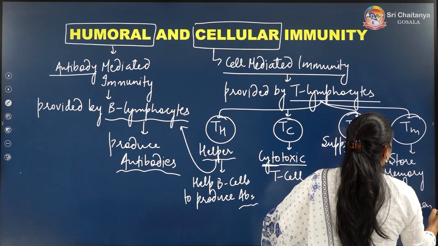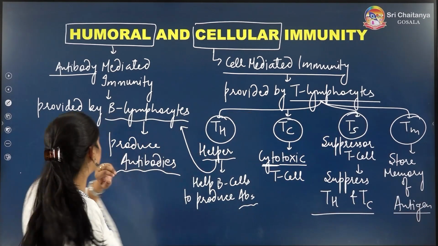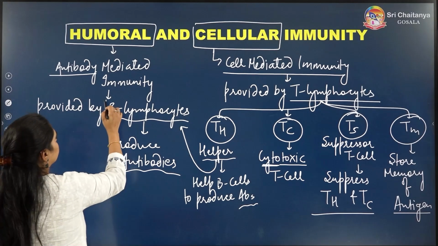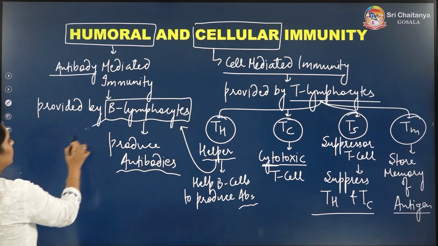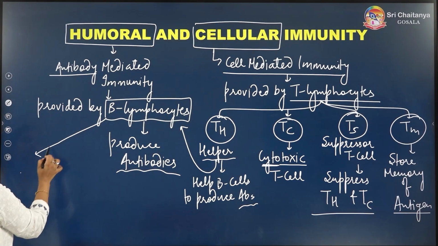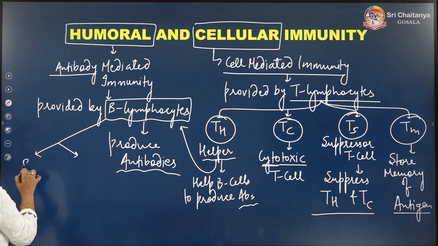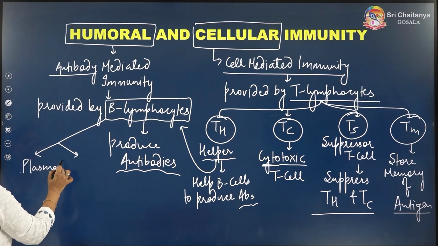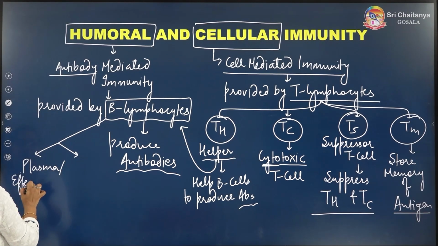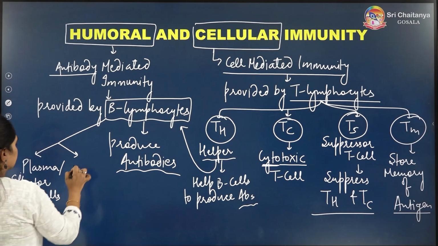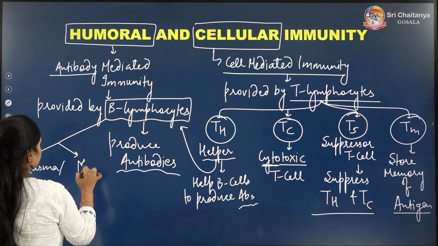Similarly, B lymphocytes also are going to differentiate into two types of cells. One is plasma or effector B cells, and one is memory B cells.